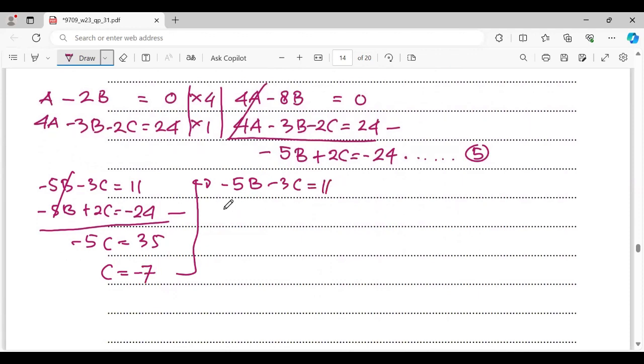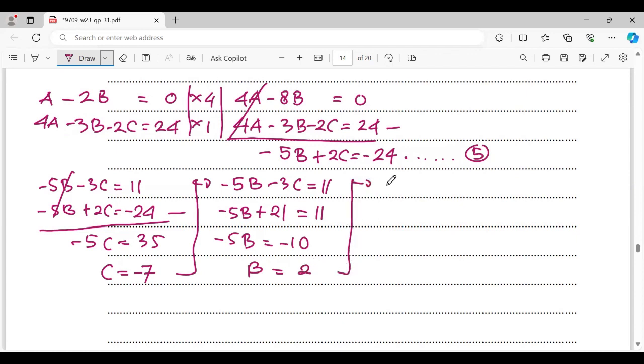C equals minus 7, so minus 5b plus 21 equals 11. So minus 5b equals 11 minus 21, becomes minus 10. B equals 2.